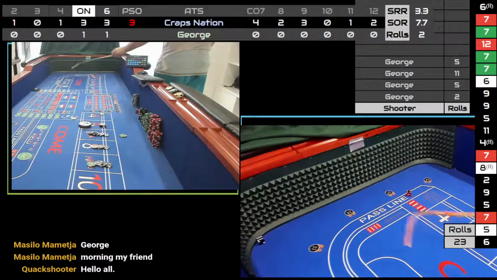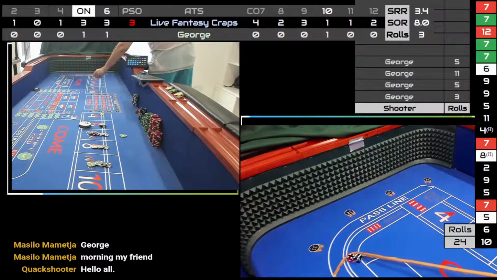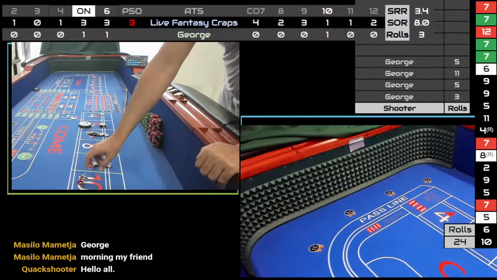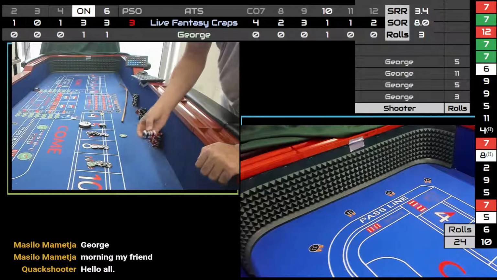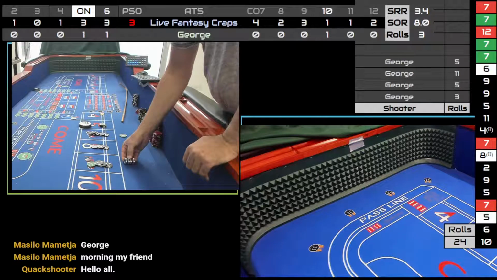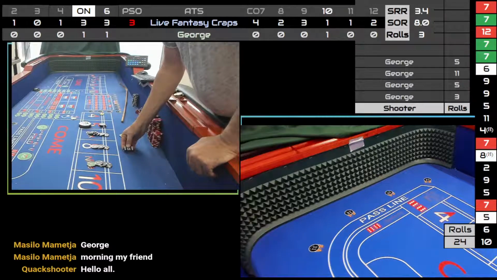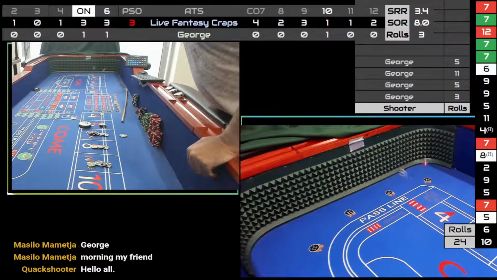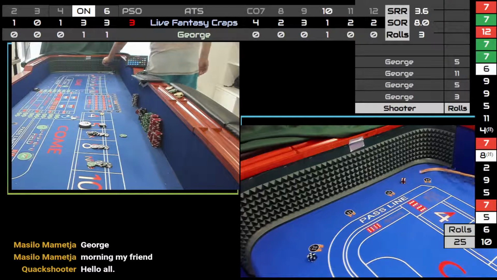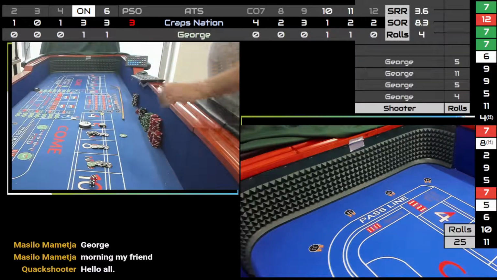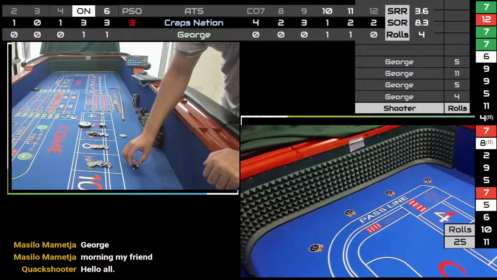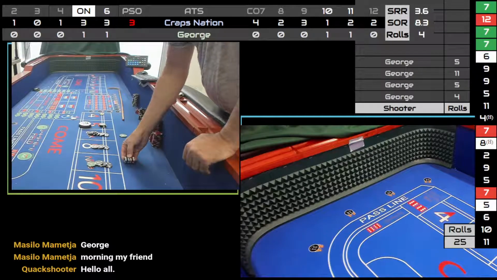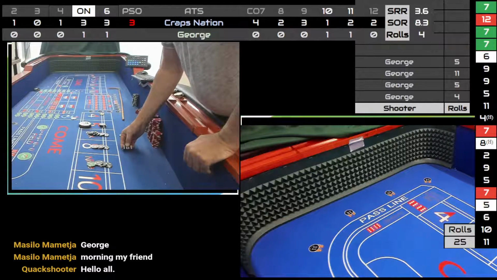6, 4, 10 on axis. Five, 6, 0, off axis. Dice out.